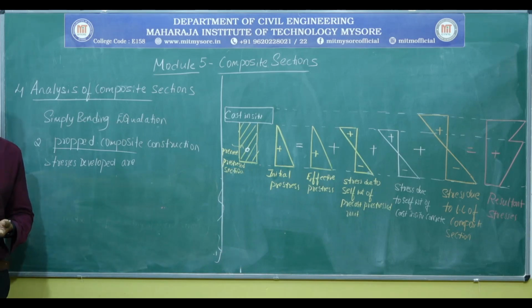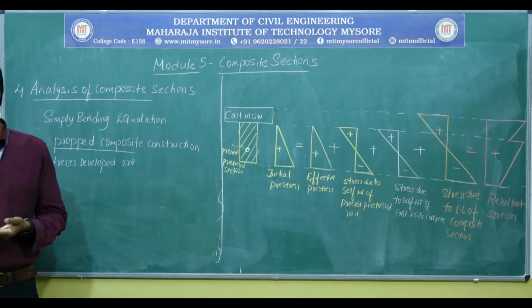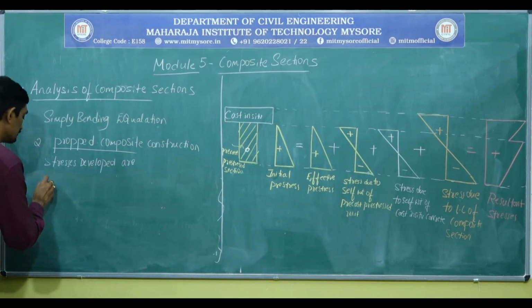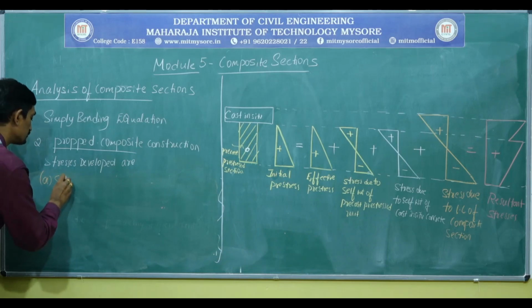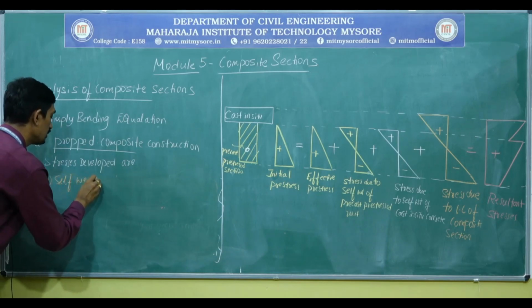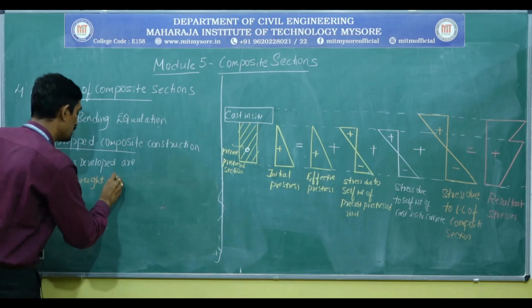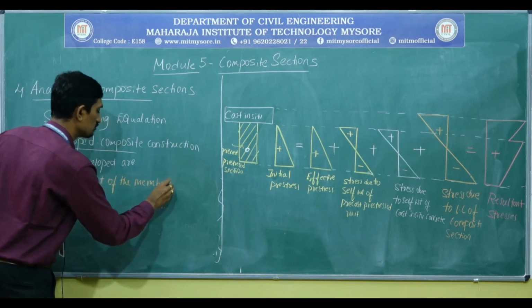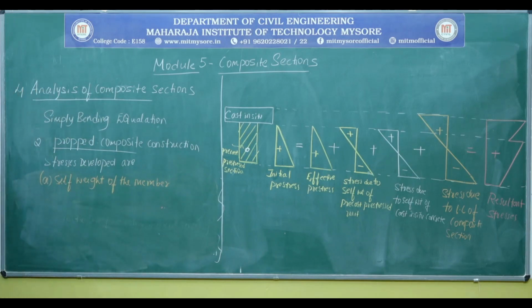If the precast unit is propped during the placing of cast in situ concrete, the stresses developed are: the first thing, the same as before, the self-weight of the member. No change in this.